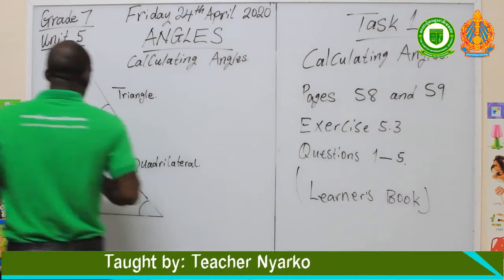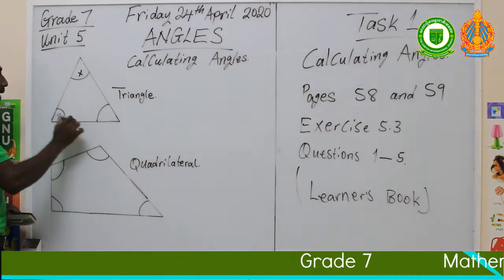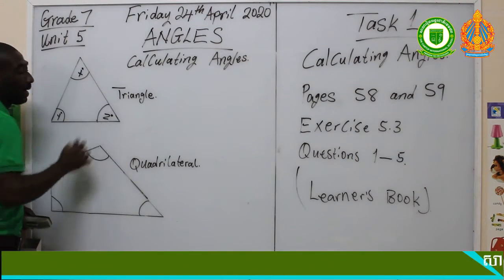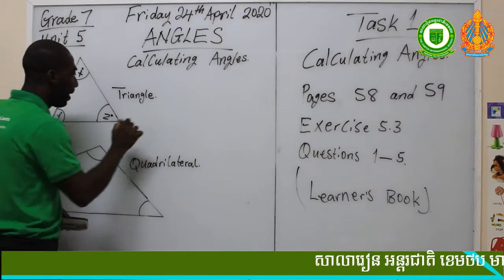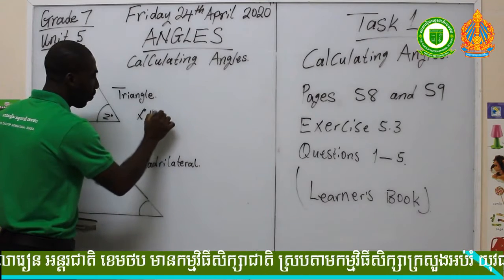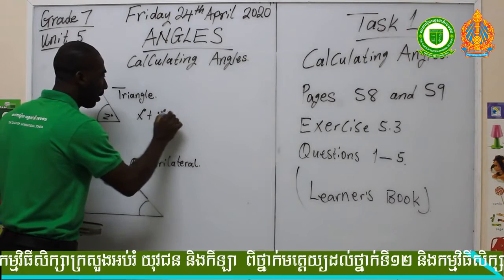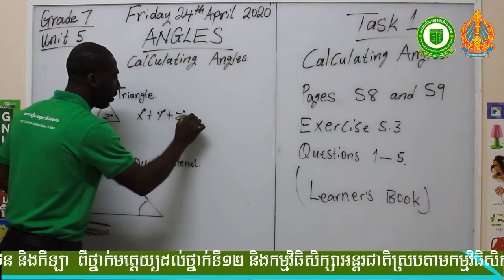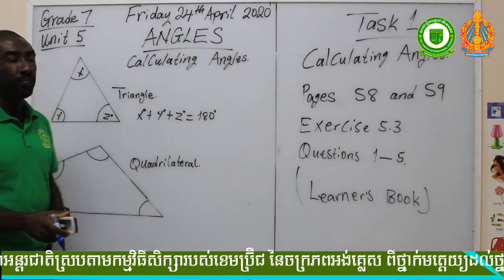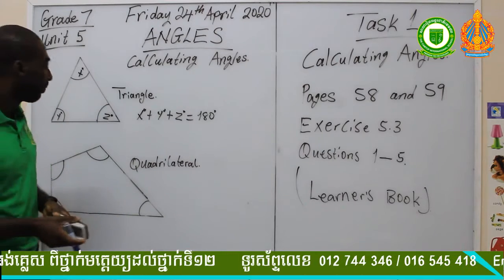So if we name the angles X, Y, and Z, it means that X plus Y plus Z should be equal to 180 degrees. So that is the total angle of a triangle.